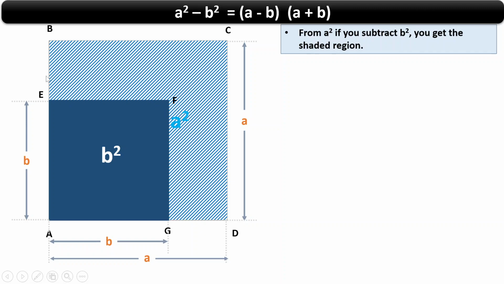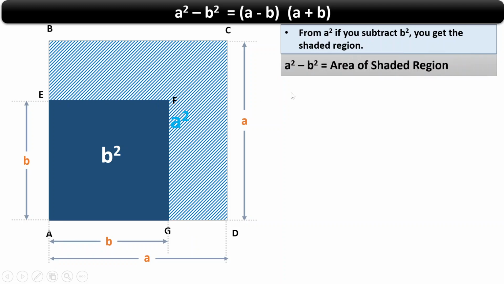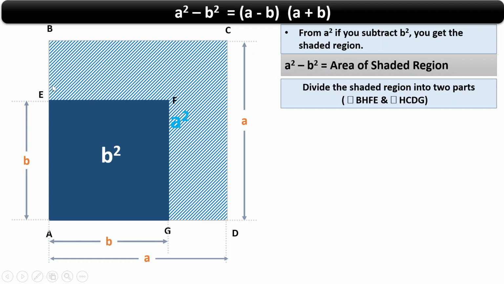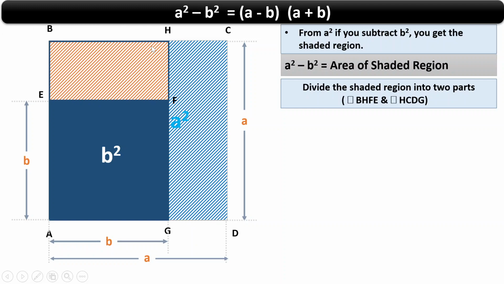The idea here is we cannot find the entire area, but we can divide this area into two parts so that we'll have two rectangles. Okay. So we will divide this area into two rectangles. BHFE is one rectangle.